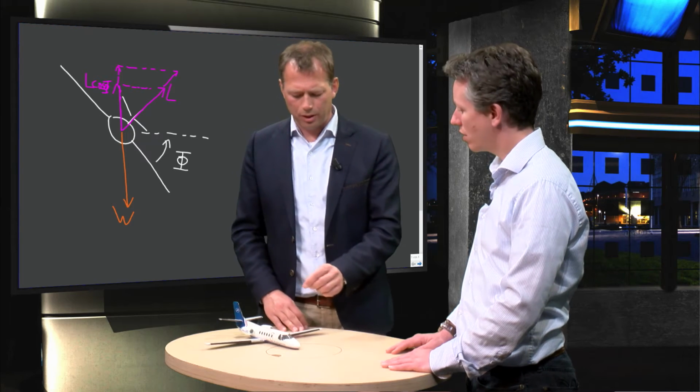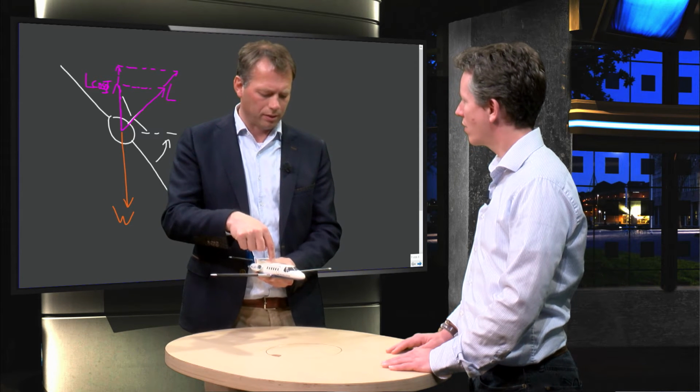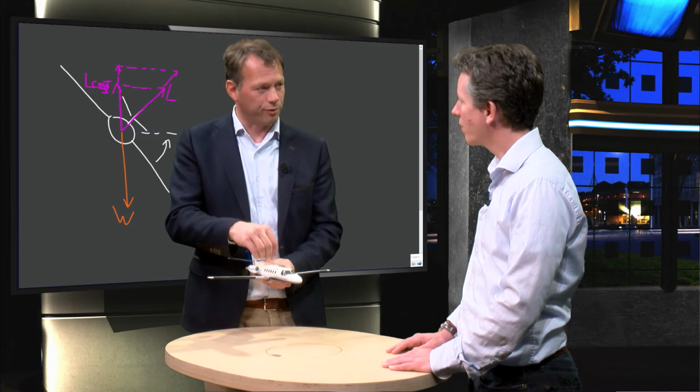Okay. And are there also other effects besides the adverse yaw in the sense that you have to apply rudder during a turn? Yes, because if you take a look at the center of gravity and the center of pressure on the wing where the forces act, they are not aligned on the longitudinal axis, and that means that during the turn, with the centripetal force, the aircraft also has the tendency to rotate a little bit out of the turn.